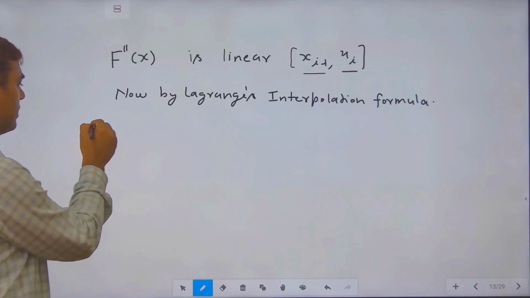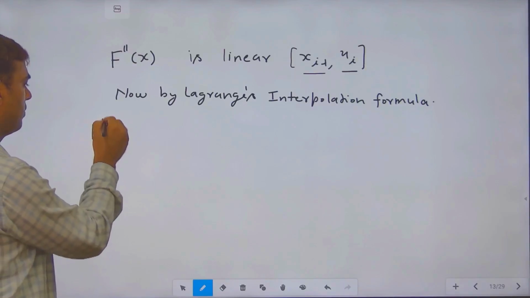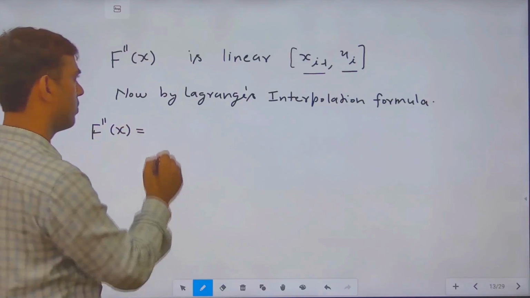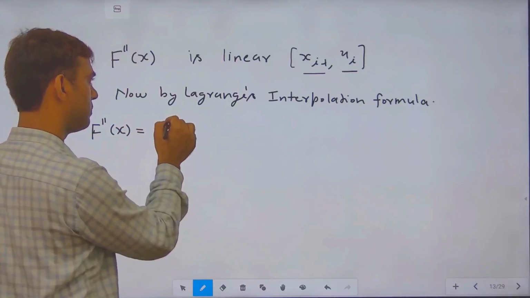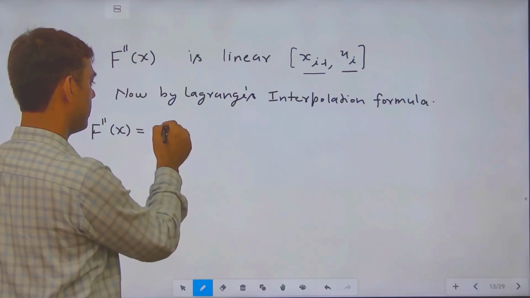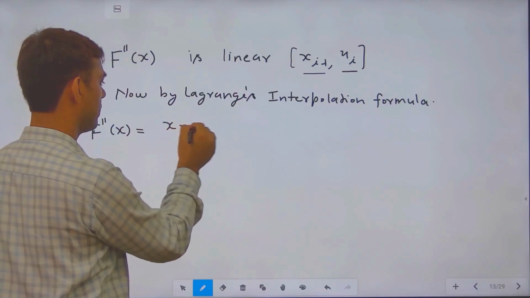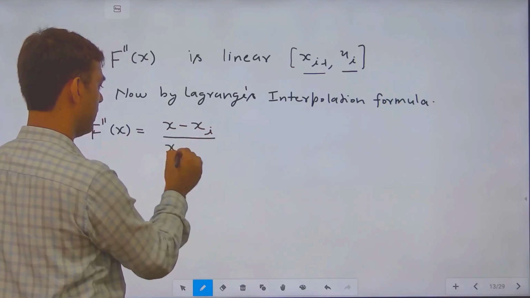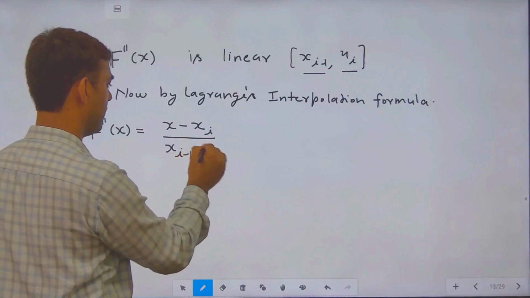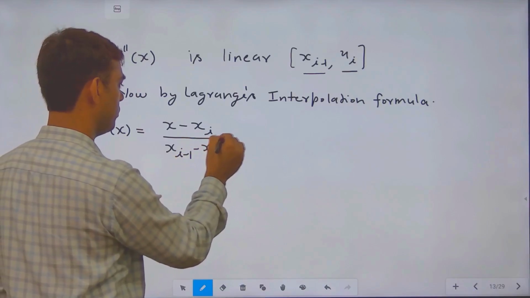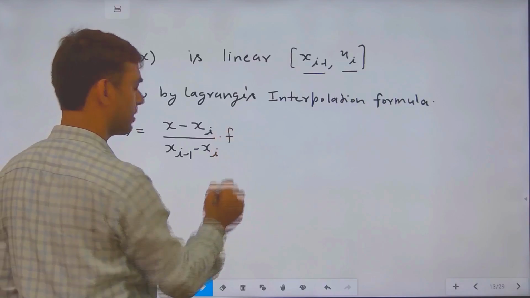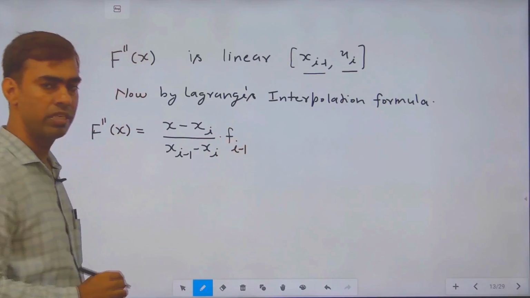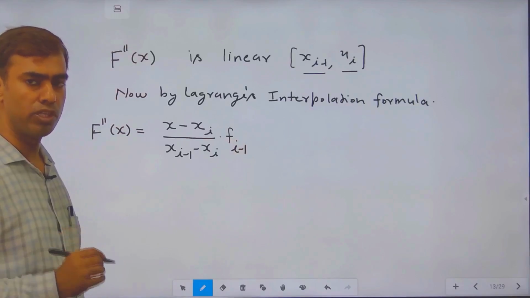By Lagrange's interpolation formula, f''(x) equals, what? f''(x) equals (x_i minus x) divided by (x_i minus x_{i-1}) into f of i minus 1, because this is the notation corresponding to x_{i-1}.